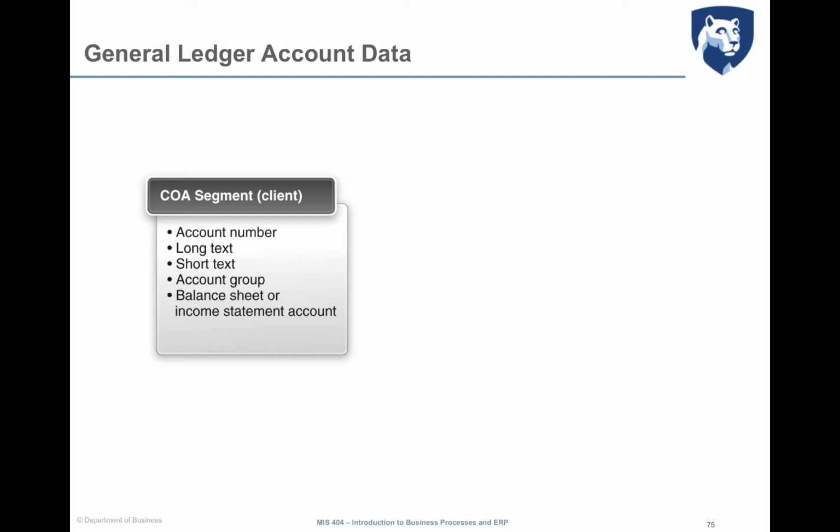So if you are dealing with income statement or balance sheet, each account is assigned a unique account number to distinguish it from other accounts in the chart of accounts. And the final data element present in the chart of account segment is what we call the account group, which essentially groups together accounts with similar characteristics.